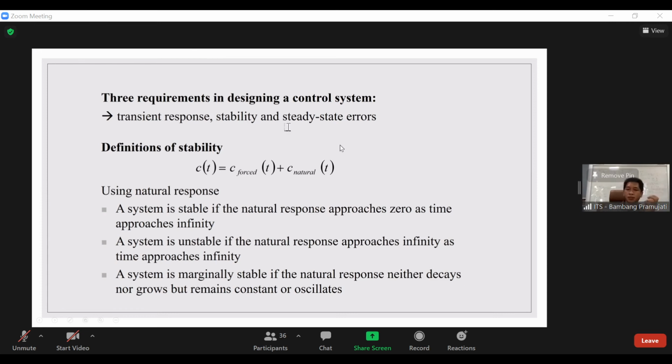Or similarly, you have a system with small steady state error ya, steady state error-nya rendah, kesalahannya rendah. It's okay. Tapi kalau kemudian system itu becoming unstable, then there's no point as well. So between among those three requirements, stability is actually the most important aspect.